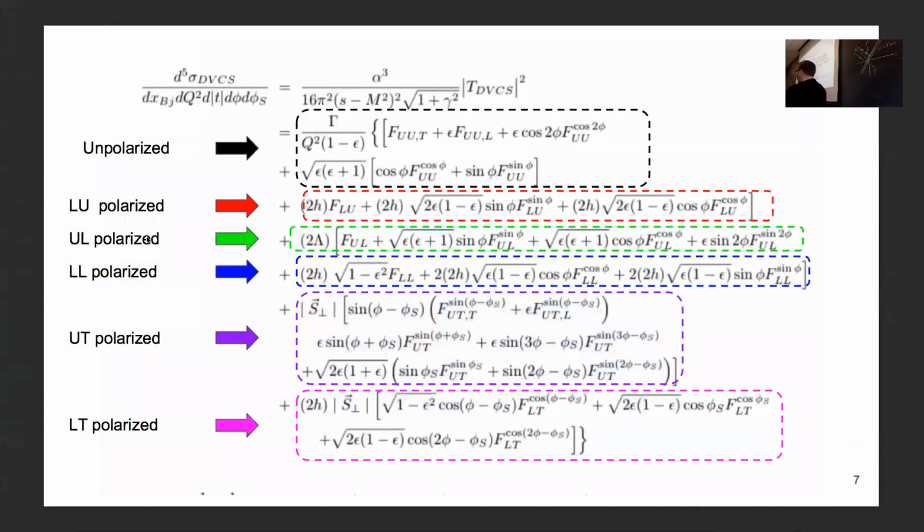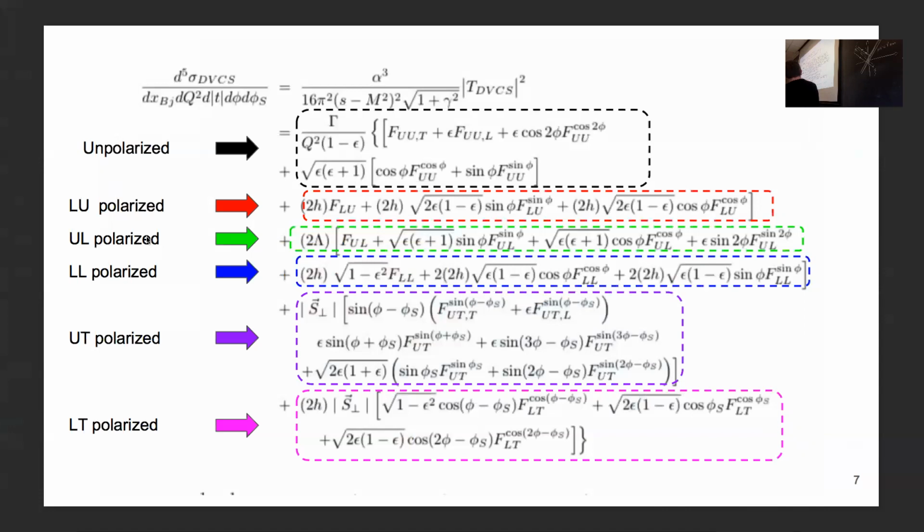So this is the total cross-section for DVCS, written in terms similar to what you do for TMDs. And you can separate it out into various components of polarization. So you have completely unpolarized. The first label here is the beam, and the second one's the target. So you have completely unpolarized observables here.